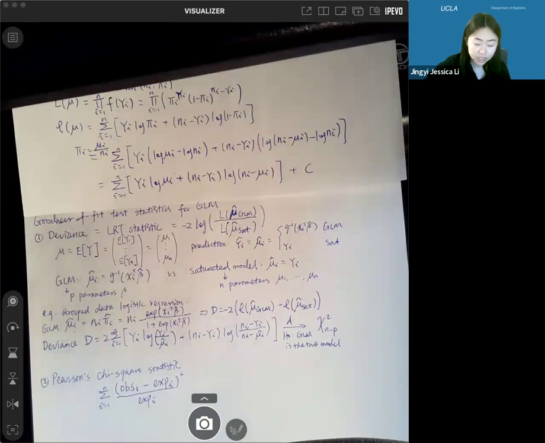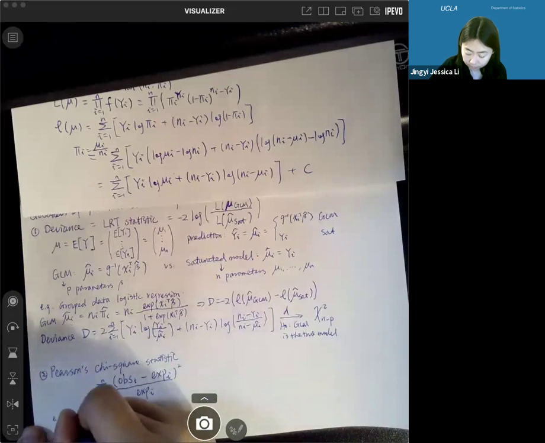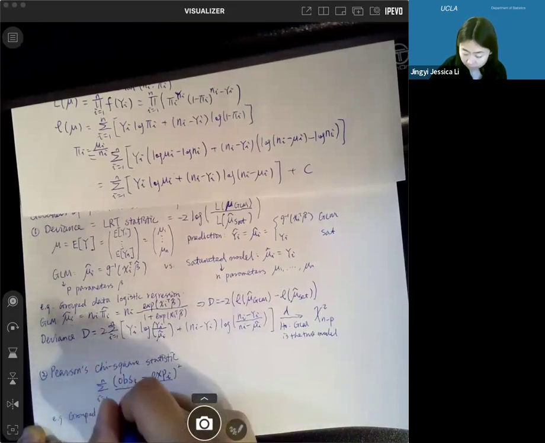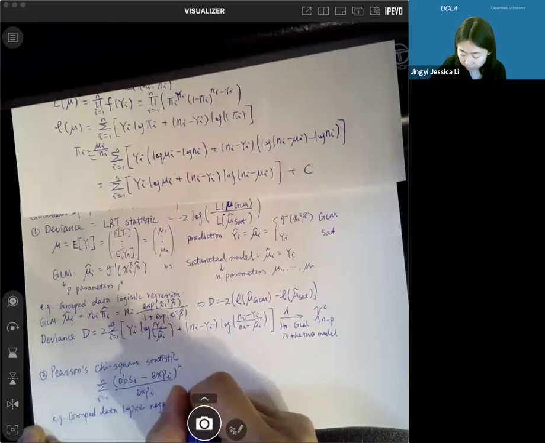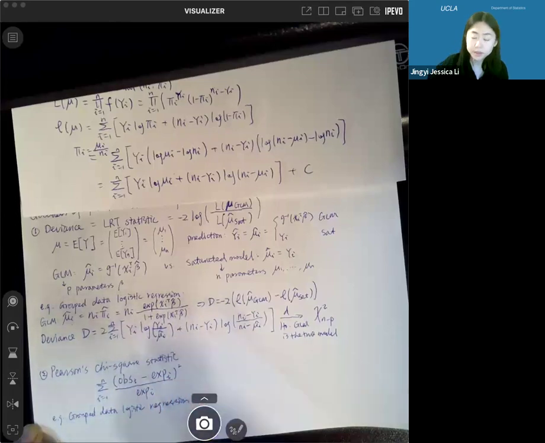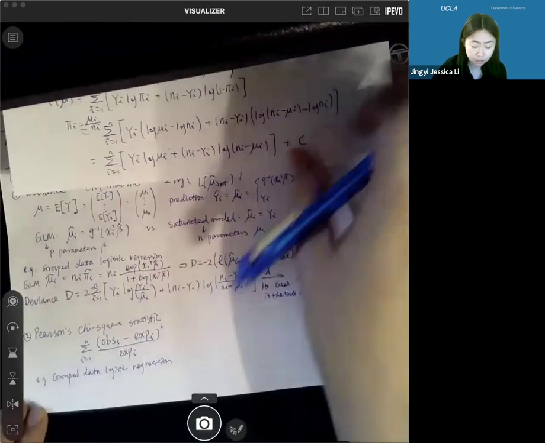Specific to the group data logistic regression, what the Pearson's chi-square statistic looks like is actually very interesting.